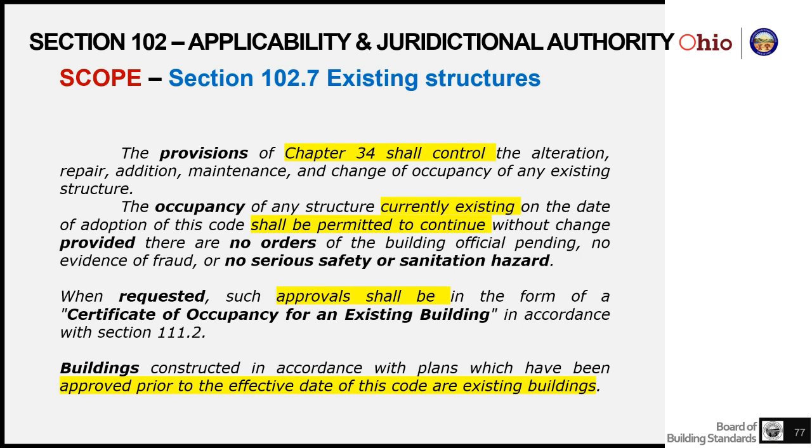If it was a building that wasn't constructed yet, but was approved under the 2011 Ohio Building Code, for the purposes of enforcement of the 2017 code, it's considered an existing building. It is allowed to be built under that 2011 code and occupied as appropriate, even though it may not comply with the 2017 building code.